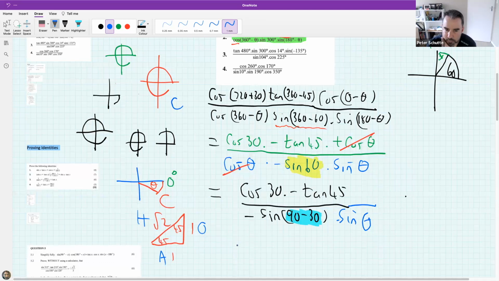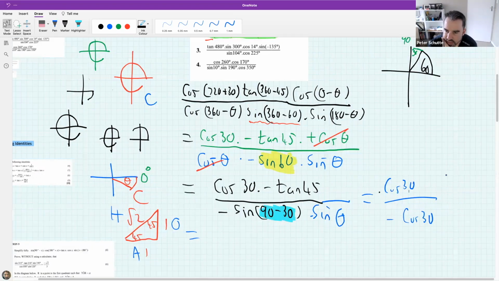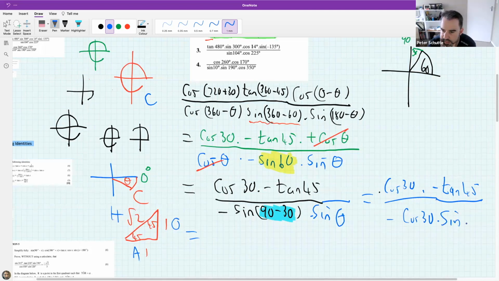Let me redo that last bit. So I converted this to minus cos 30, and that was cos 30. And then this was minus tan 45. And on the bottom here, I still have my sine theta.